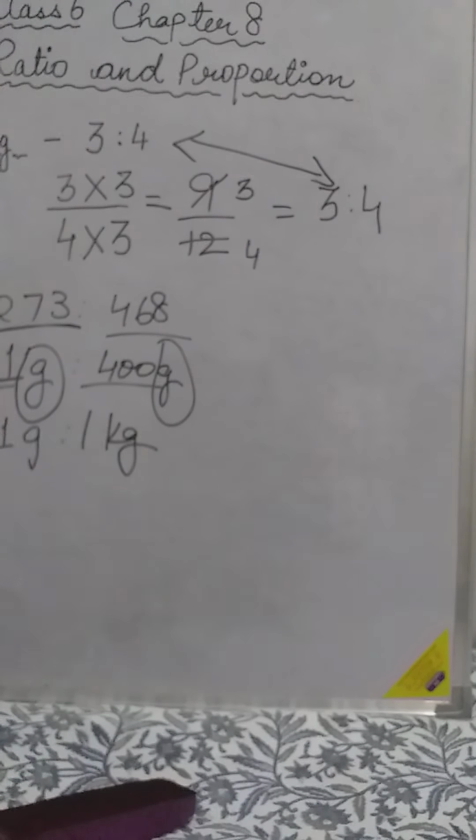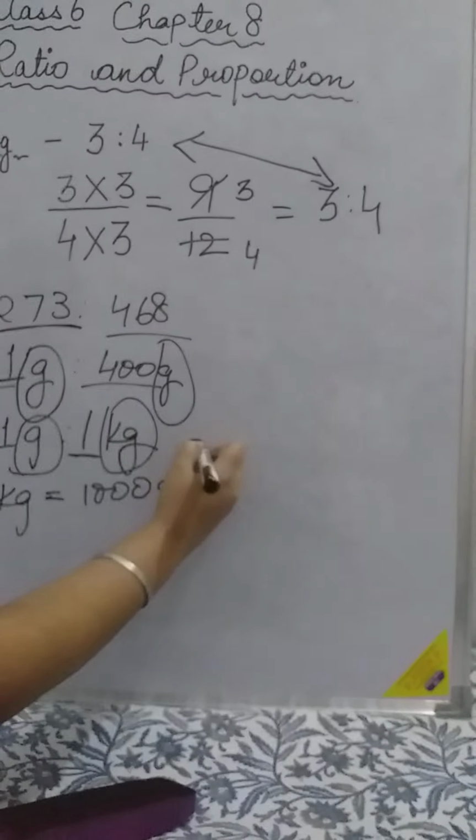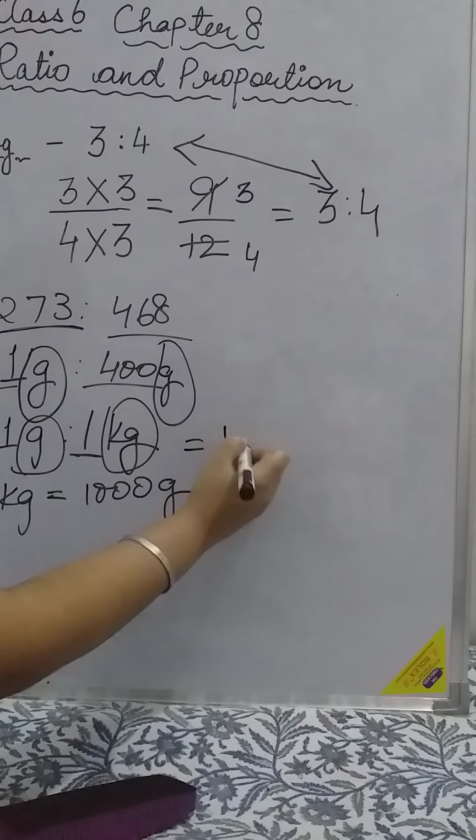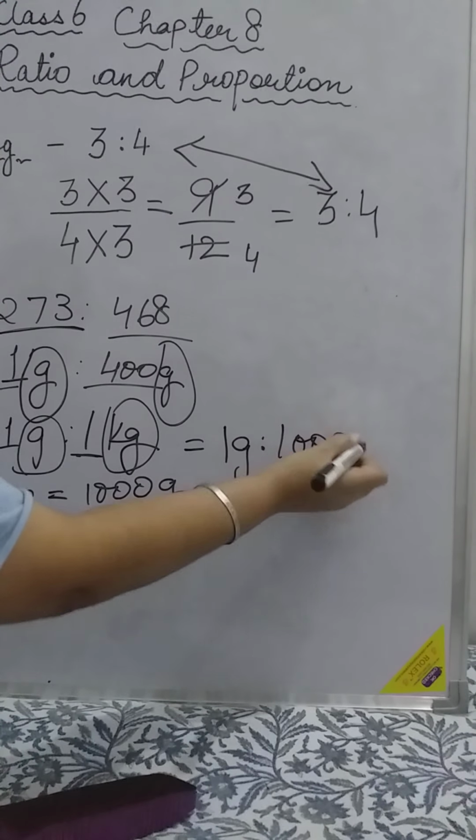To find the ratio you have to change the units first. So the larger unit we will express in the smaller unit. 1 kg will give you 1000 grams, so this 1 kg will change to 1000 grams. Your numbers change to 1 gram to 1000 grams.